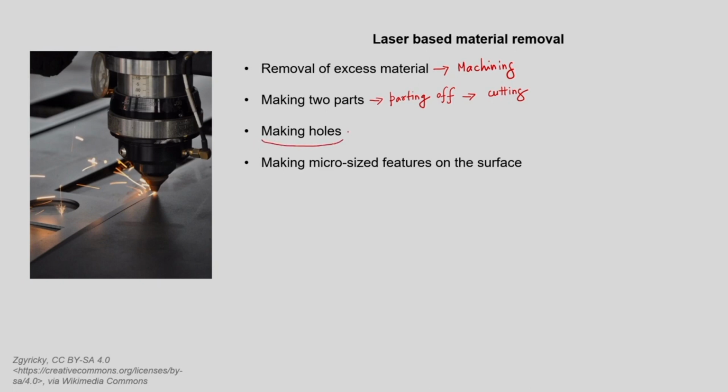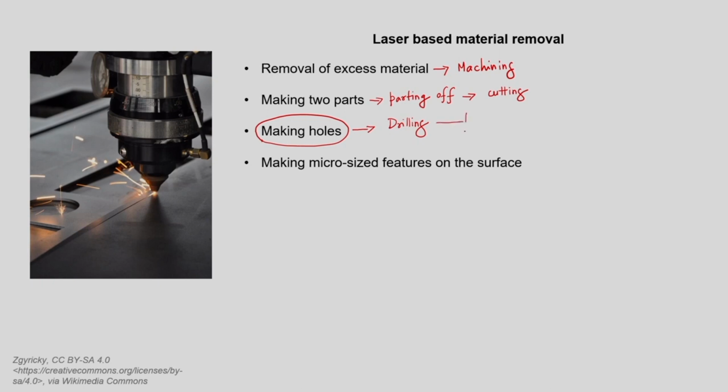Then in the industry or in tool rooms, there is a huge requirement to generate the required shape and size holes that we call the drilling operations. So this is also a very general and common manufacturing operation, that is the drilling or making holes.